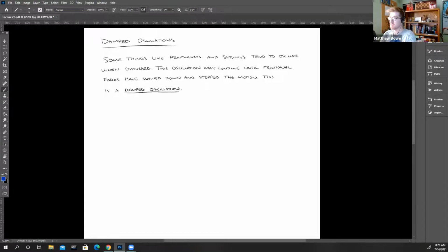Damped oscillations are pretty much the main type of oscillation we see in the real world. If we're walking on a bridge that's like a wooden rope ladder bridge, it doesn't just start oscillating, and once we leave, it doesn't just keep bouncing up and down.